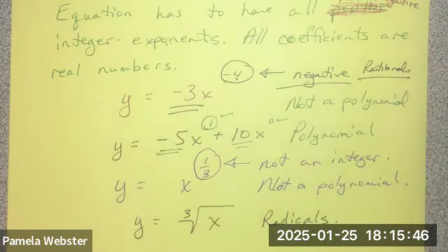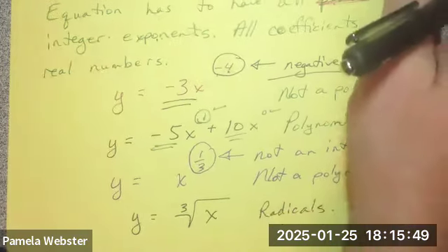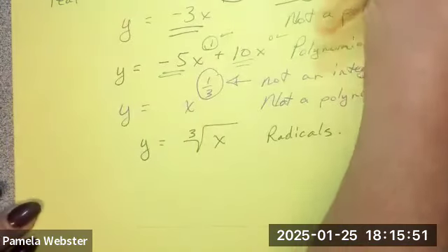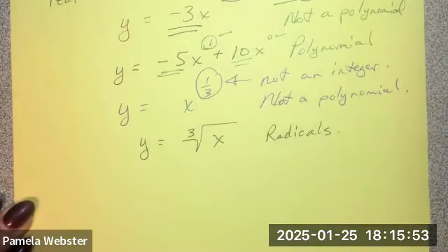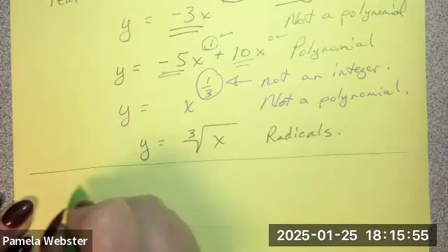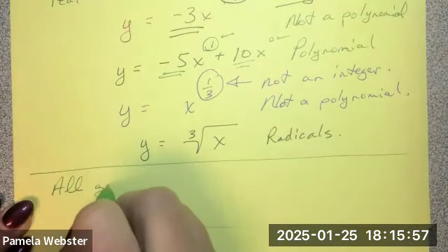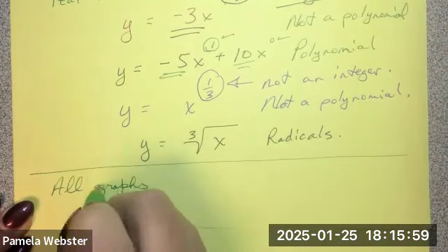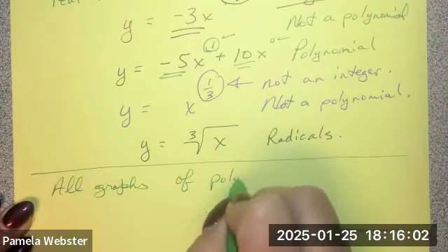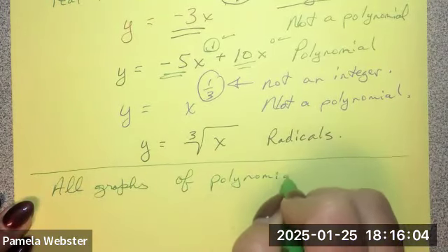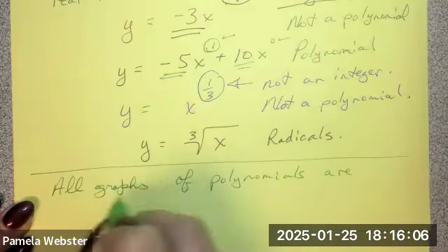All right. So the other piece of information that we know about these polynomials is that all of the graphs of polynomials are smooth and continuous.